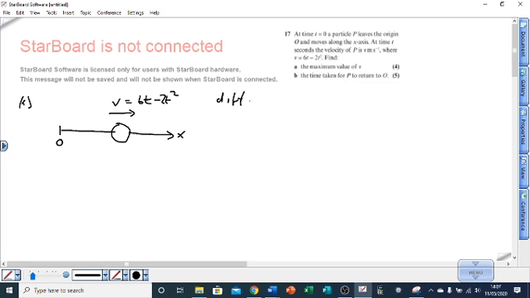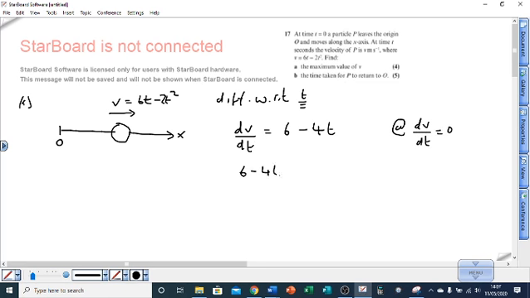Diff with respect to t, and we end up with dv by dt, which is acceleration, is equal to 6 minus 4t. Okay, at dv by dt equals 0, where acceleration equals 0, or the stationary point, we've got 6 minus 4t is equal to 0.